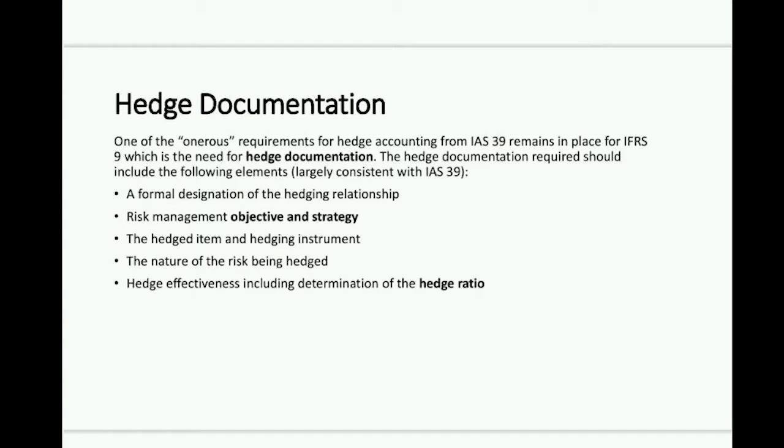We've always had to document how we were going to measure hedge effectiveness for a given hedging relationship. But we now also have to document something called the hedge ratio. And we'll discuss in the coming slides what it is, how you determine it, and how it can change over time.